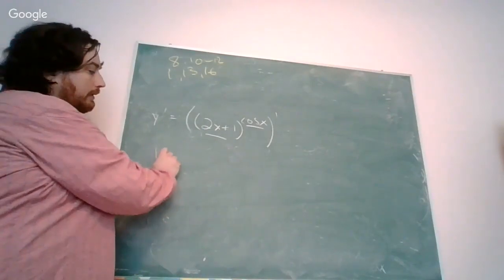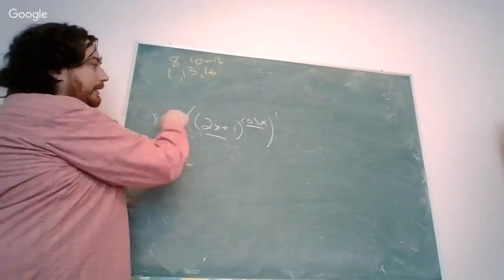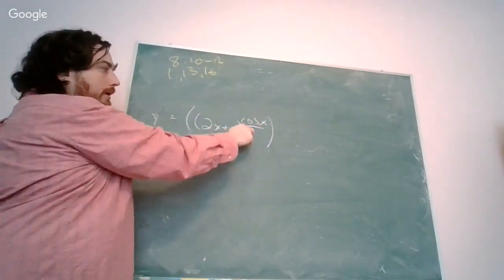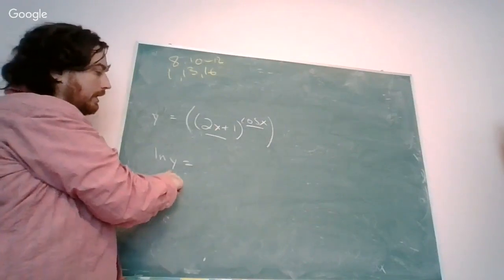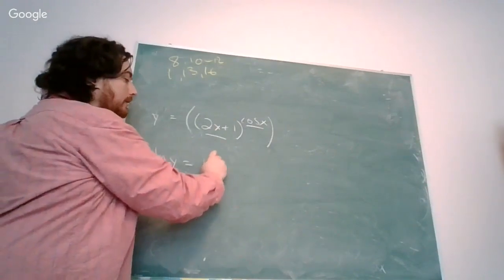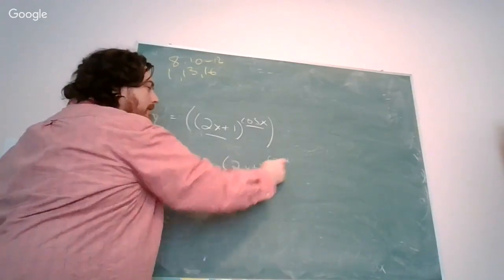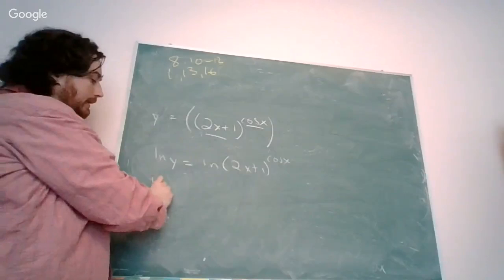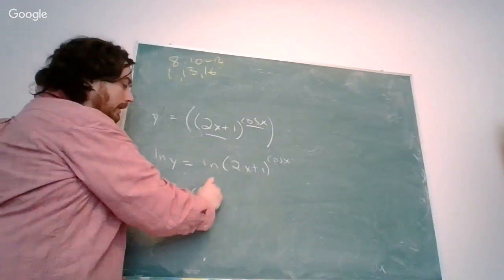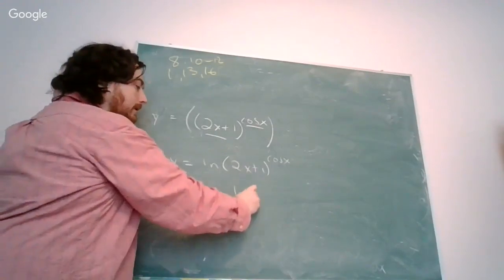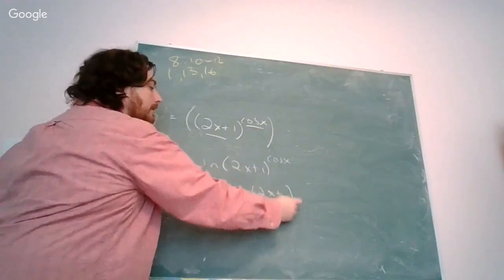So what we're going to do is, instead of y is equal to 2x plus 1 to the cosine of x, we're going to say natural log of y is equal to natural log of 2x plus 1 to the cosine of x. And then what we get is natural log of y is equal to cosine of x times natural log of 2x plus 1.